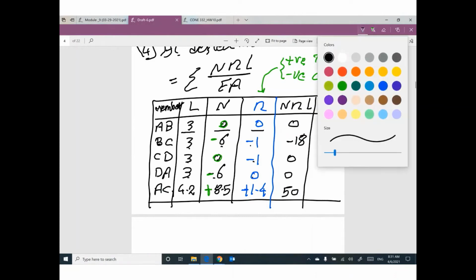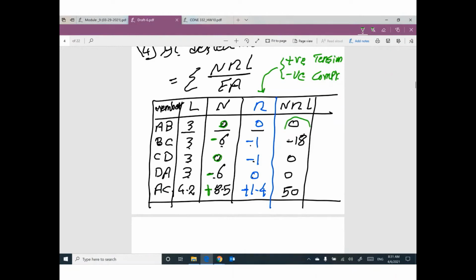Go ahead and find the summation of this column. 0 minus 18, 0, 0, 50. Your final answer will be 32. This is the summation.